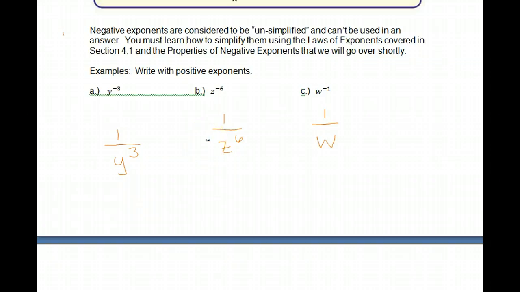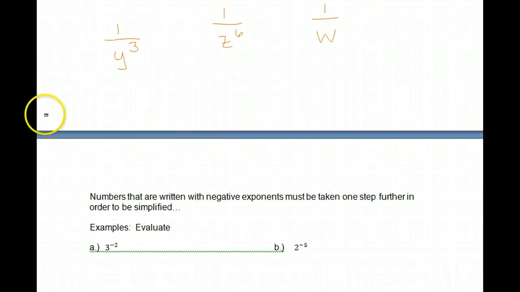So whenever that exponent is negative, it has to switch its location from that numerator to the denominator. You're going to write the exponent as positive, and then your numerator would simply become a 1.